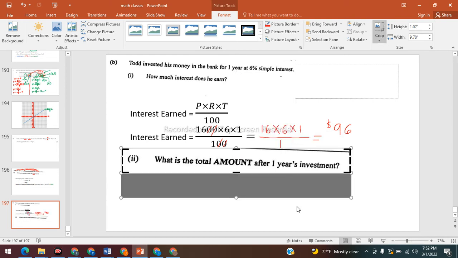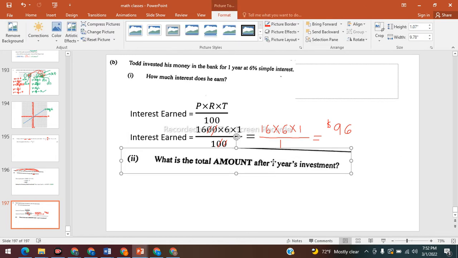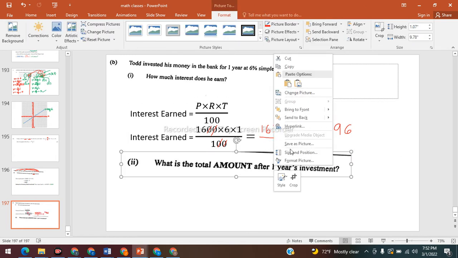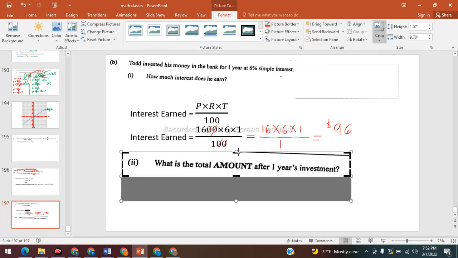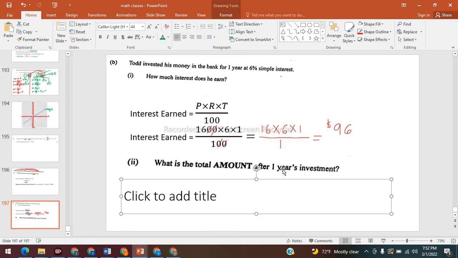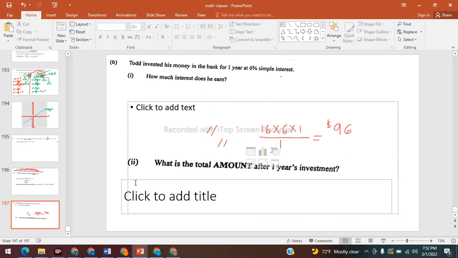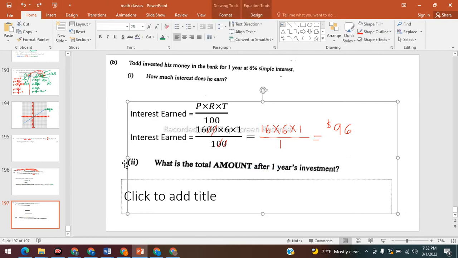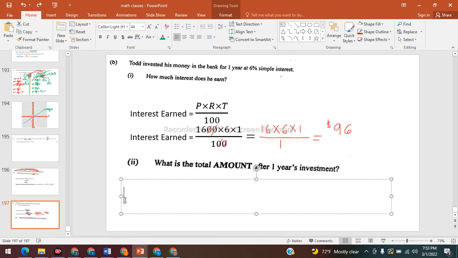To find the total amount, you have to add the principal, 1600, to the 96. So the total is $1,696.